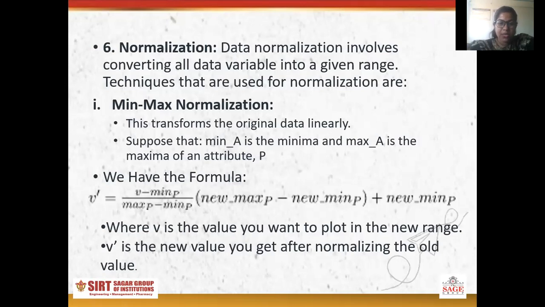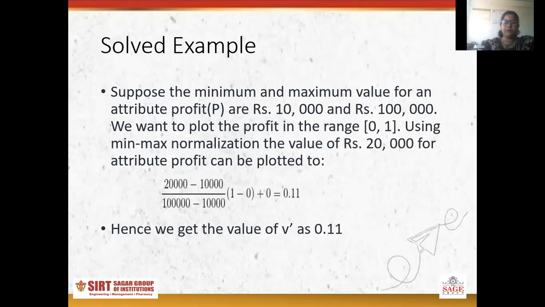Suppose min P is the minimum and max P is the maximum of an attribute P. The formula is V' = (V - min P) / (max P - min P) * (new max P - new min P) + new min P, where V is the value you want to plot in the new range, and V' is the new value you get after normalizing the old value. Let us understand this with an example.